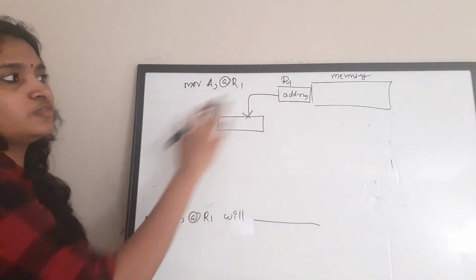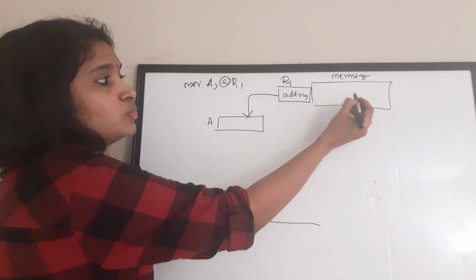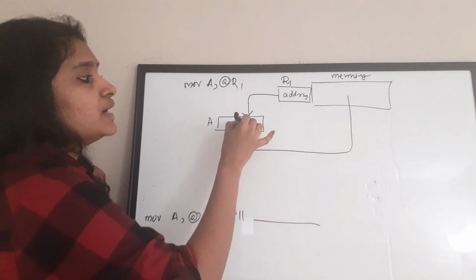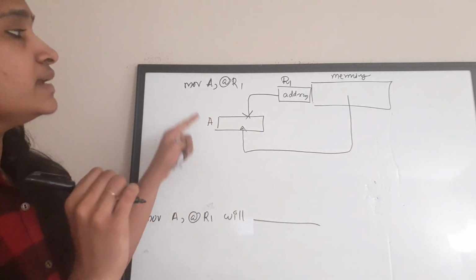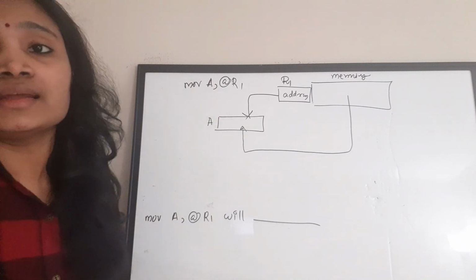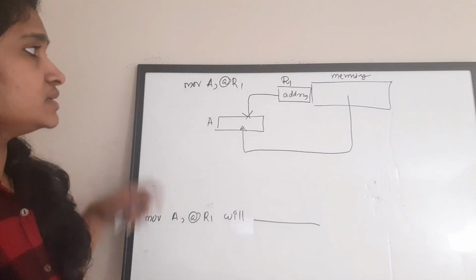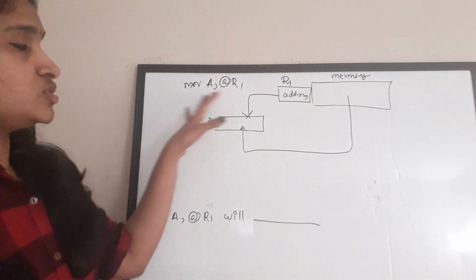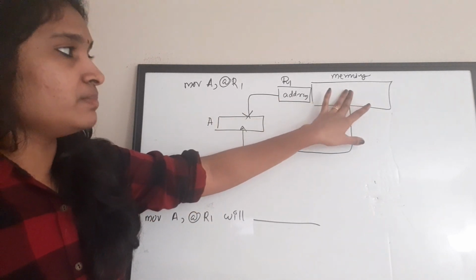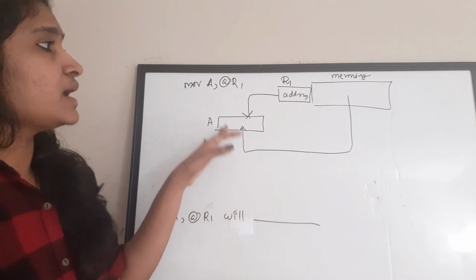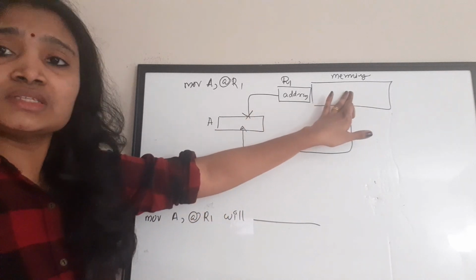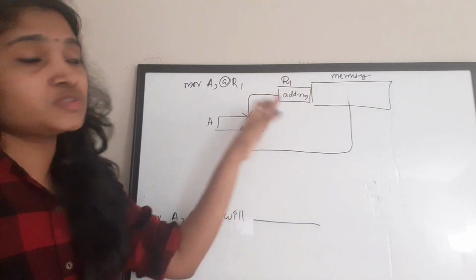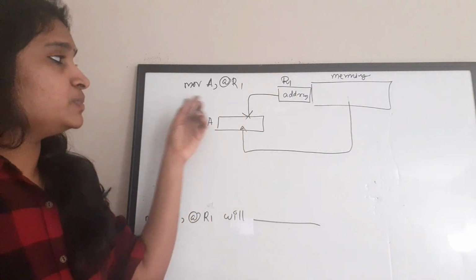I hope this figure explains everything. You are moving the data from this memory location to the accumulator register, and it is register indirect addressing mode. This addressing mode is called register indirect addressing mode. You are moving the content of a memory location to the accumulator, and the address of this memory location is present in the register R1.